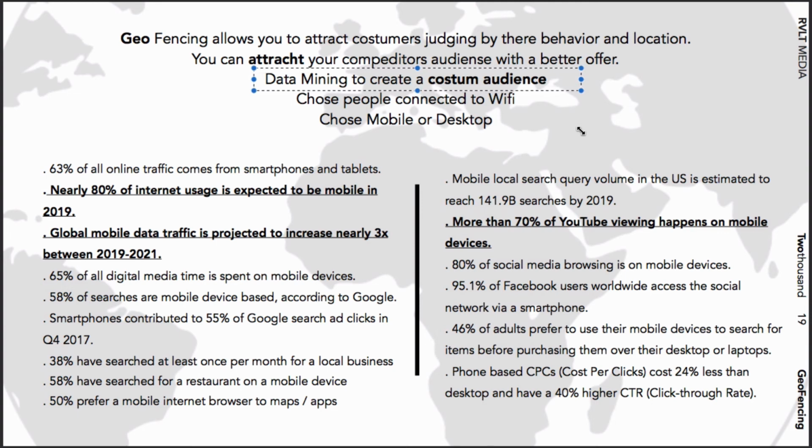So for example, if it is a watch convention, or any type of convention, a furniture convention, that is a great opportunity for you to set up a geofencing around that area and do some data mining and attract these type of customers that are moving within this area, and then at a later stage, of course, advertise towards them. So this could be useful even if you're just a local business and you just want to kind of hack your competitors' audience.